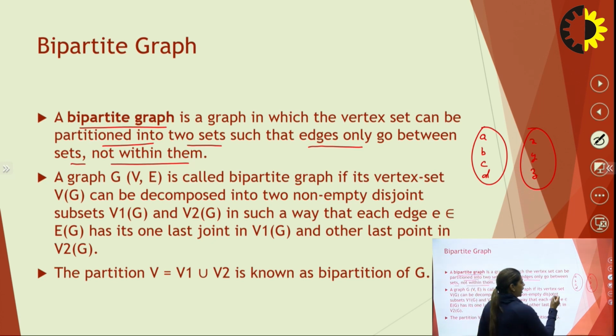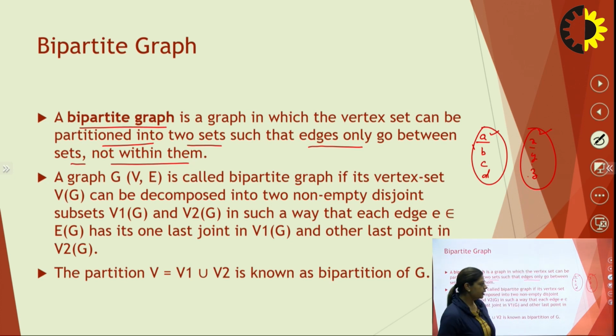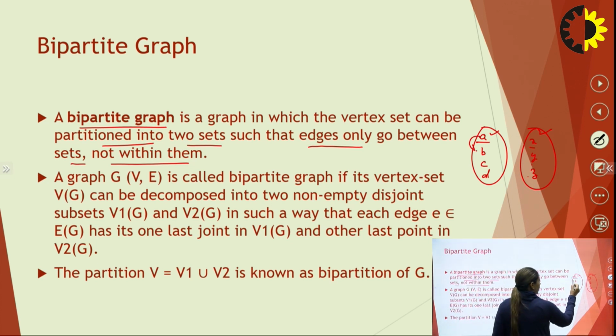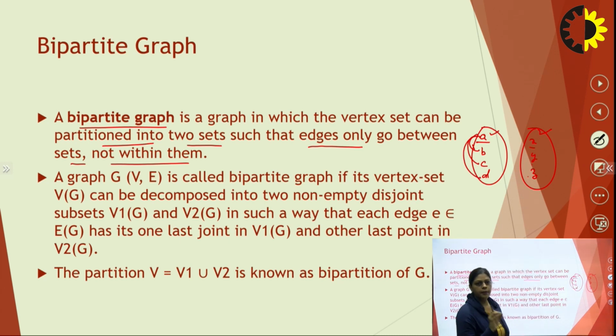So the edges of that graph should be between A and X, A to Y, A to Z, like this. One vertex should be from this set and one vertex from the other set. There should not be an edge between A to B, A to C or A to D. The endpoints of one edge should not be in the same set. That is a bipartite graph.